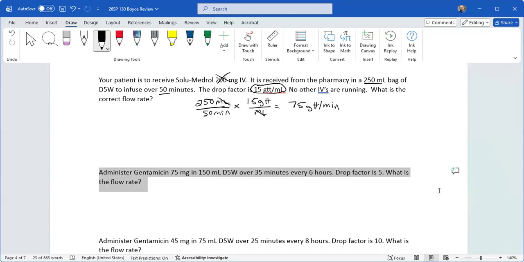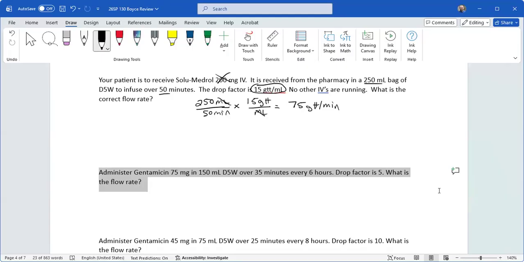So you would just be doing an extra step. Because ultimately, if the drop factor is present, we know that we're looking for drops per minute. So if you were to multiply by 60, divide by 50, convert that to ml per hour, then you're just going to have to divide by 60 again.